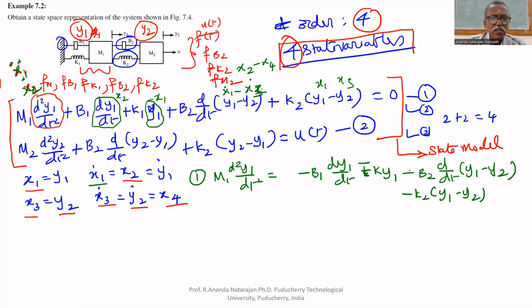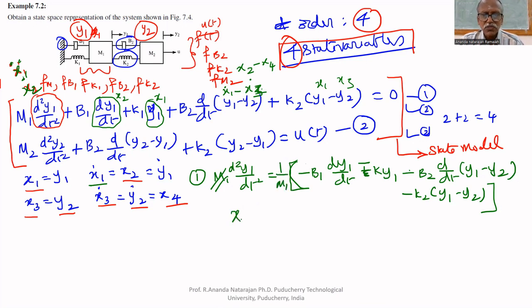Now substitute all these variables. We bring M1 to the right hand side, 1 by M1.